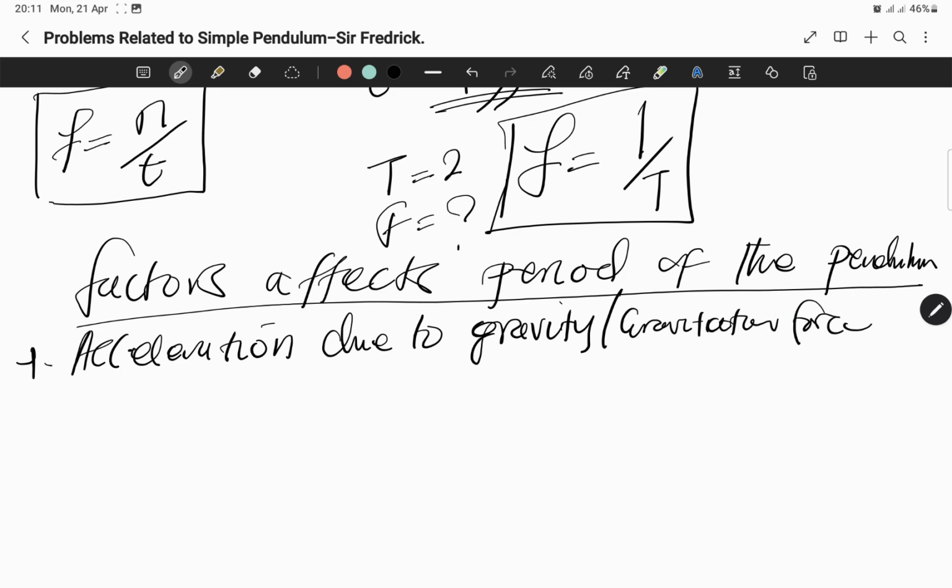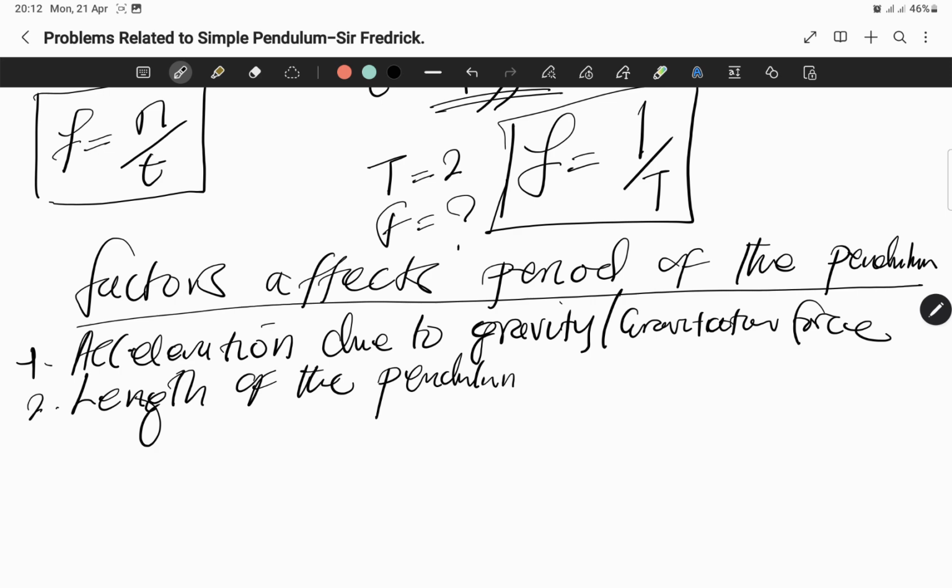Then the second one is the length of the pendulum. This is also the same as the length of the string, because it is the string that makes up the length of the pendulum.